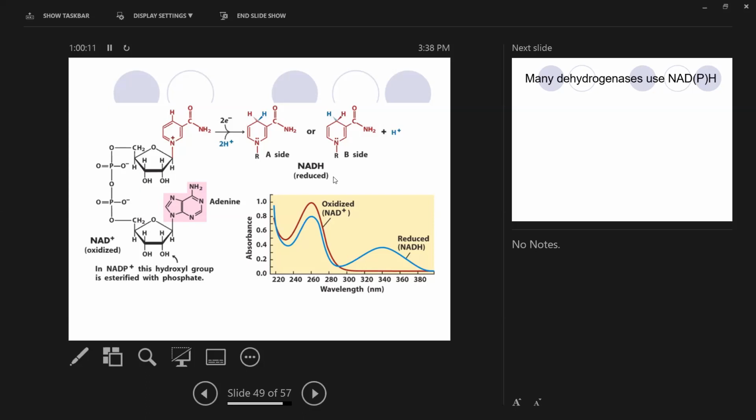Now, why make a big deal about A and B? The reason is that dehydrogenases that use NAD specifically put the donated hydride on the A side or B side. So there are A side specific dehydrogenases and B side specific dehydrogenases.